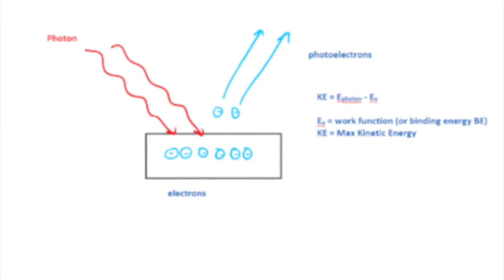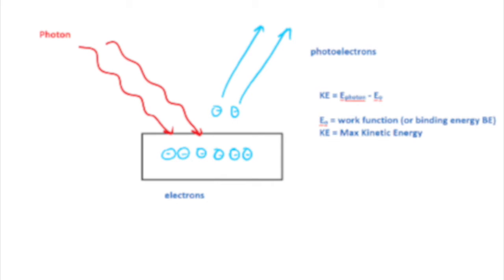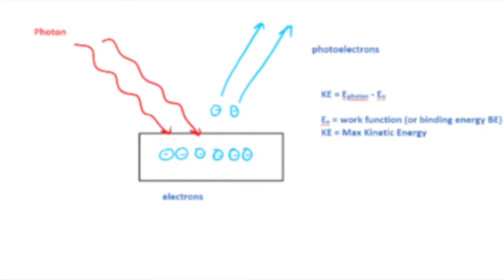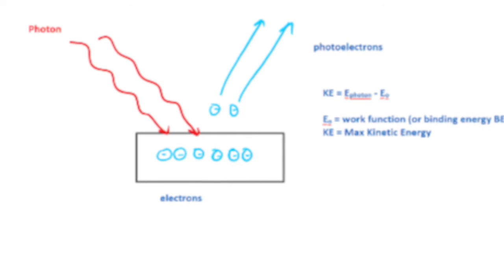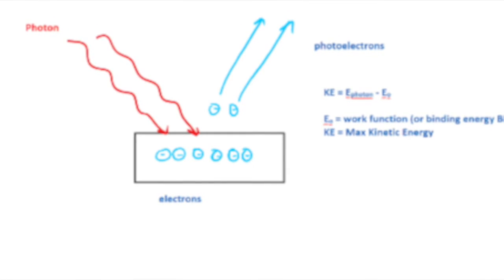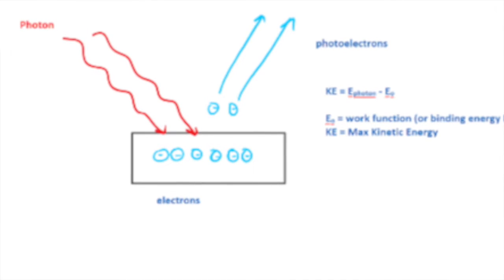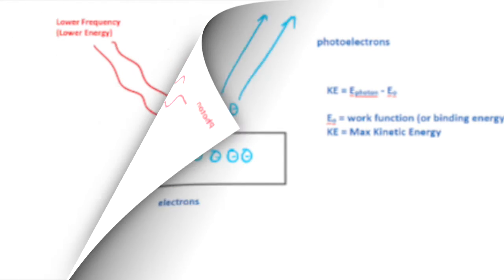As the electron moved through the metal at high speed and finally emerged from the material, its kinetic energy would diminish by an amount E0, called the work function, which represents the energy required for the electron to escape the metal, and can be thought of like a threshold. So this E0 is also called the binding energy. So the work function is the binding energy.